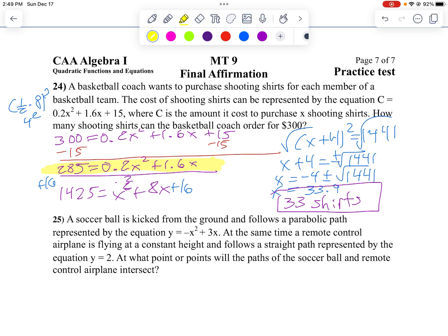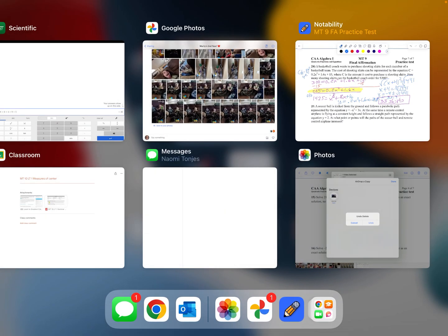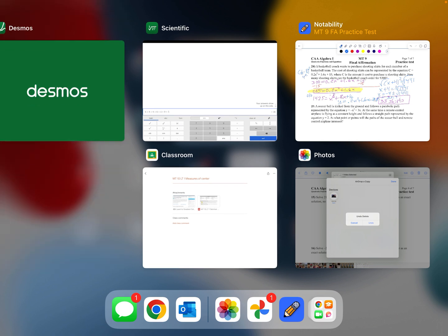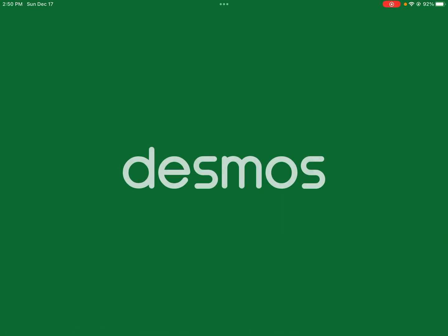If I was going to graph this, my related function would have been y equals 0.2x squared plus 1.6x minus 285. Let me see what I've got open here. I've got a bunch of stuff open. There we go. Let's graph that.